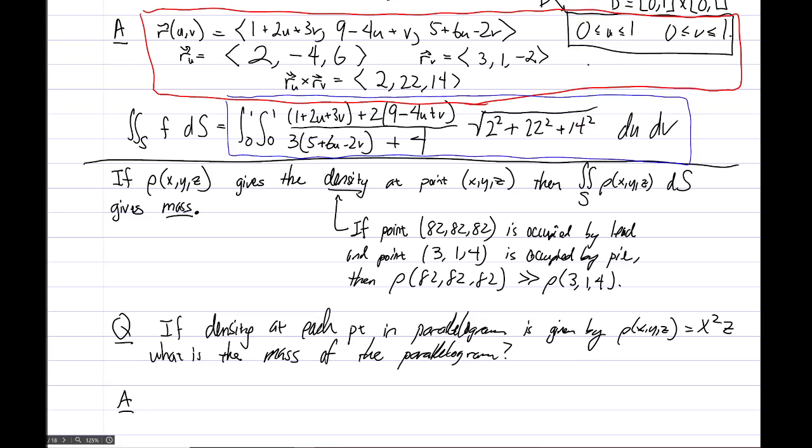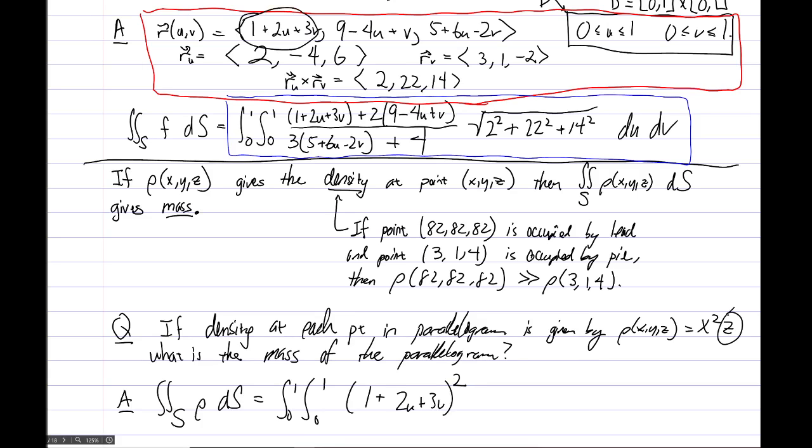So let's write it both ways. The integral over S of rho dS equals the integral from 0 to 1, and the integral in u also goes from 0 to 1, of x squared z. So x gets replaced with 1 plus 2u plus 3v, from up here, squared.